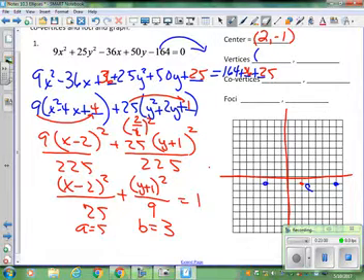How about -3? -3. All right, -3, -1, and where? 7, -1. Okay. All right, that makes sense because 2 plus 5 makes 7 and 2 minus 5 makes -3.